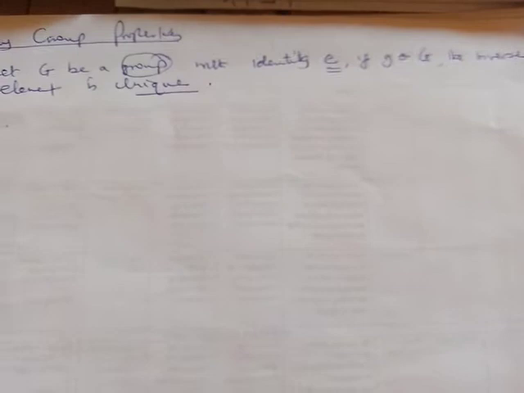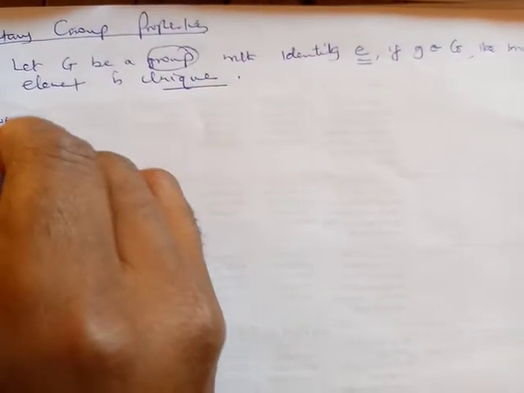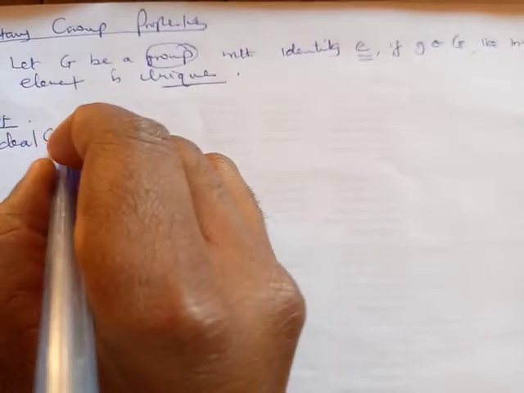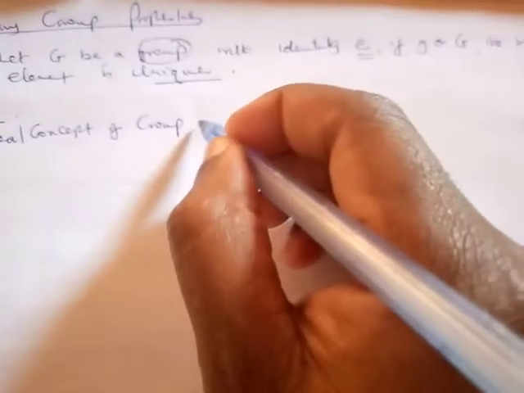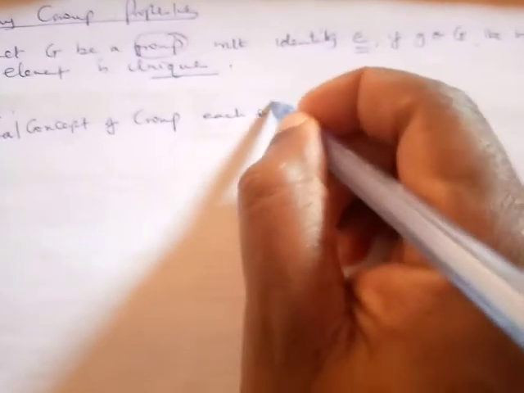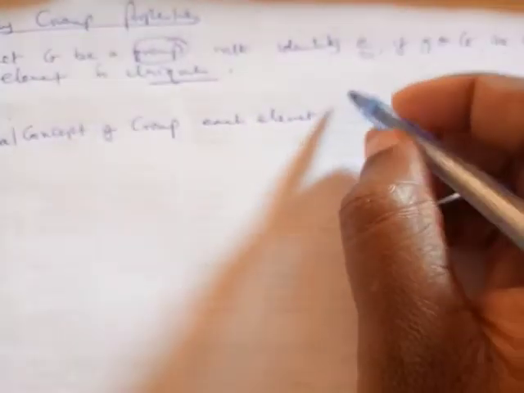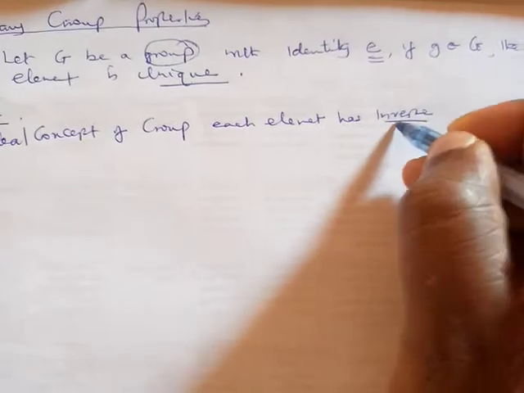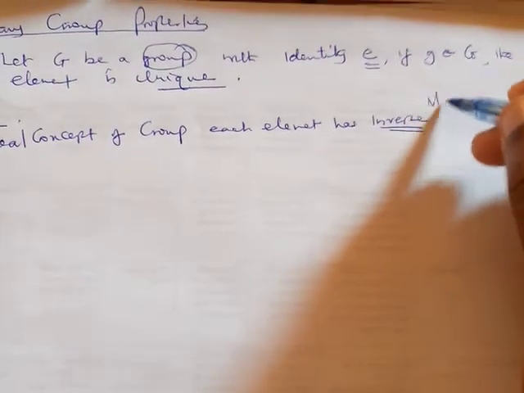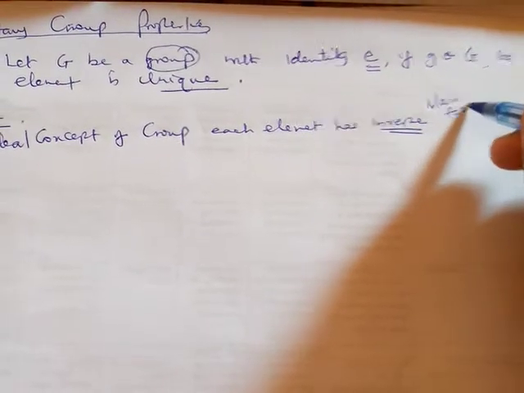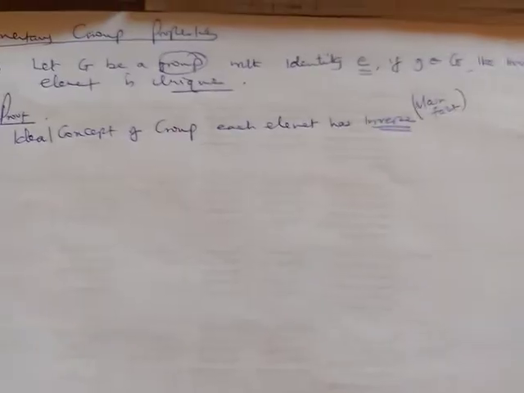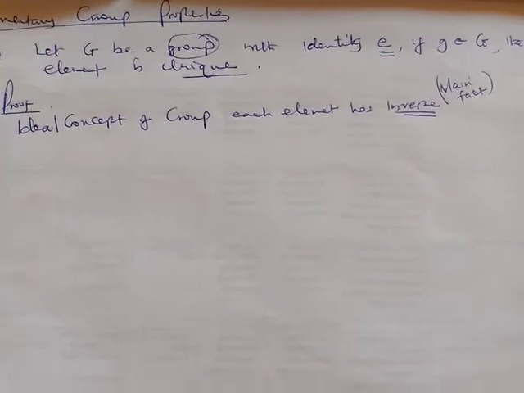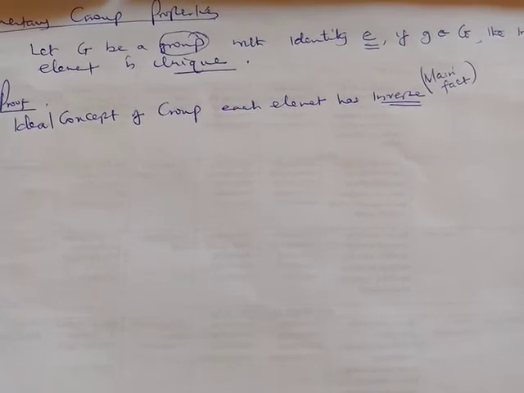Secondly, from the concept of a group, each element in a group has an inverse. So this is another main fact. So we have two things here that will help us to deal with this proof.